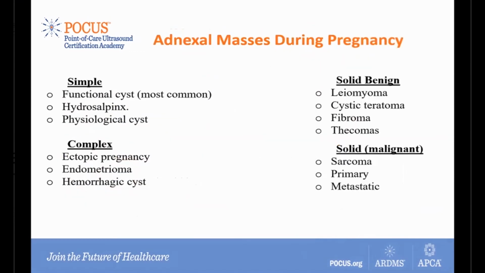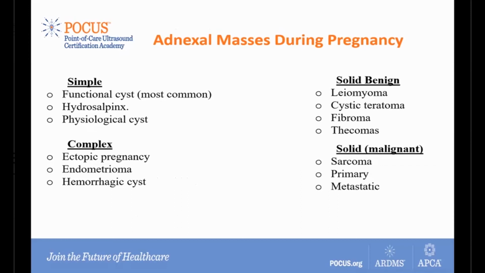So while doing scans, occasionally we may encounter some masses. We classify these into simple, complex, solid benign and solid malignant. The most common that you will see is a functional cyst, and then it could be a hydrosalpinx or a physiological cyst.